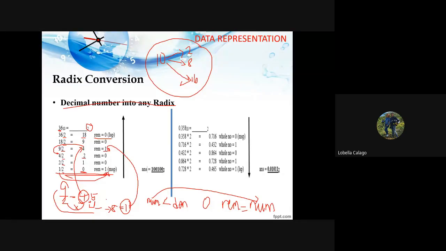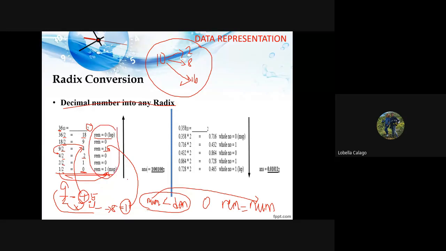And then, since the numerator is already less than denominator, mag-stop na po tayo mag-divide. Doon po yung ating stopping point, wherein we will not continue anymore to divide it by 2. Then afterwards, since this is a whole number, take note, ang kukunin mo is the remainder. Ito ang kukunin natin.